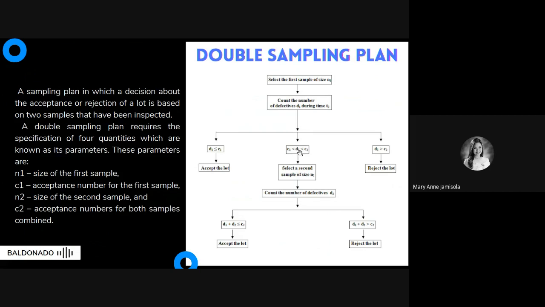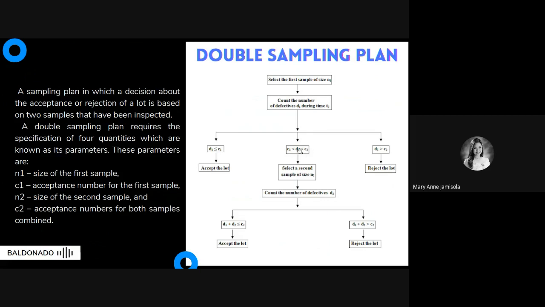However, if the defects are greater than C1, so you are doubtful, because the defects are more than the accepted number of defects. So do not immediately reject the batch or the lot. Compare it to your second acceptance number, which is C2.